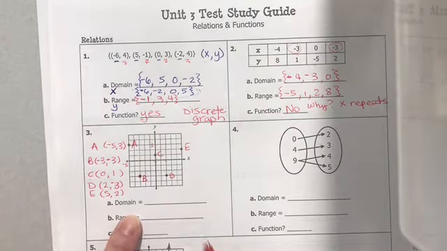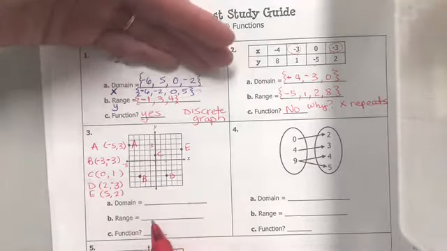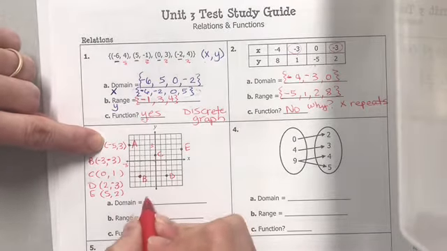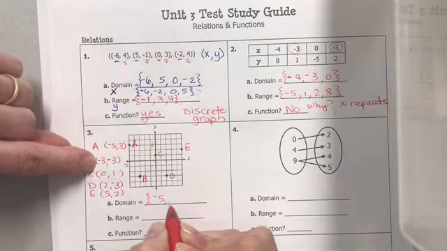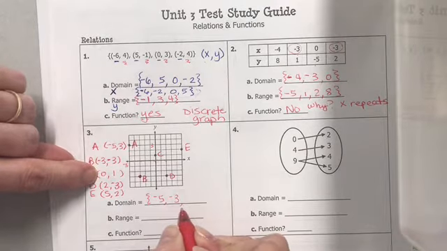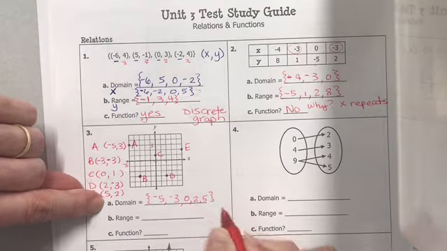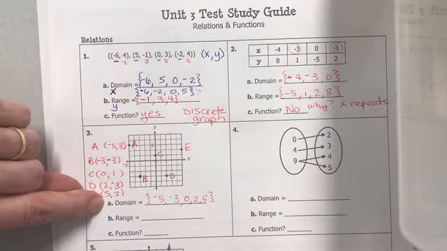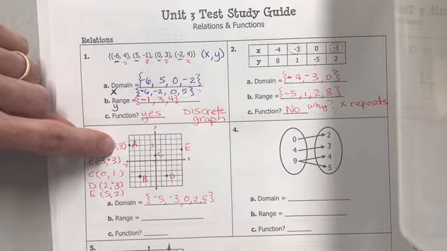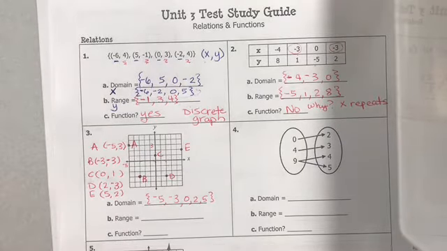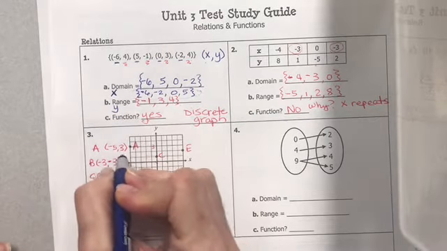So now all I have to do is list out my domain like I've been doing before, starting with my smallest x. So -5, -3, 0, 2, and 5. Listing my y's from least to greatest. I have a 3, I have a -3, and for this, I'm just going to underline in a different color.